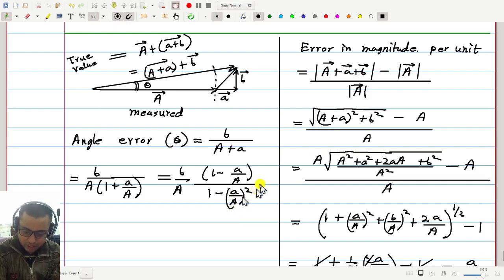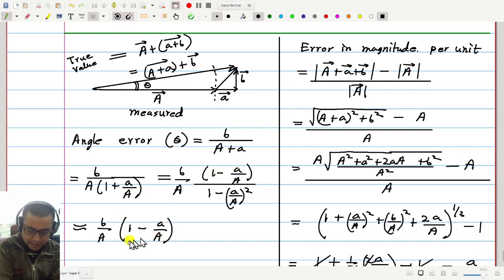So this term we will ignore. So this will be approximated to little b by capital A, then 1 minus this thing. Again, if you expand it, you will get b by A minus little a b by capital A square, which is a second order term, which I will ignore. Okay, so this is approximated to this.